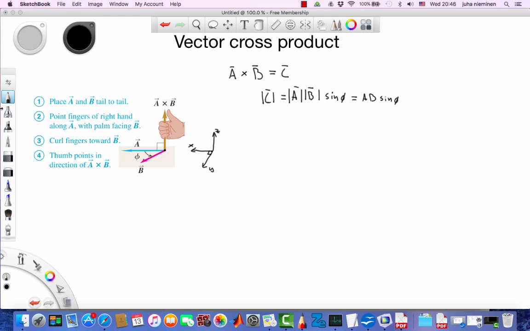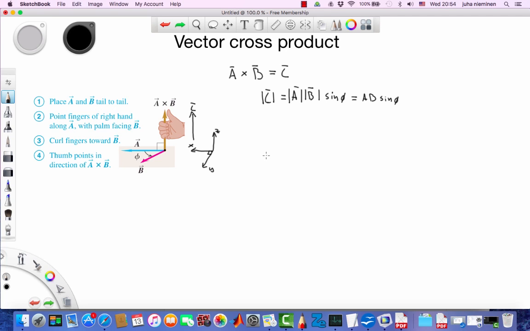So you must use your right hand to curl from A to B. And curling from A to B with your right hand, your thumb ends up pointing up in this case. So C is along the positive z-axis.